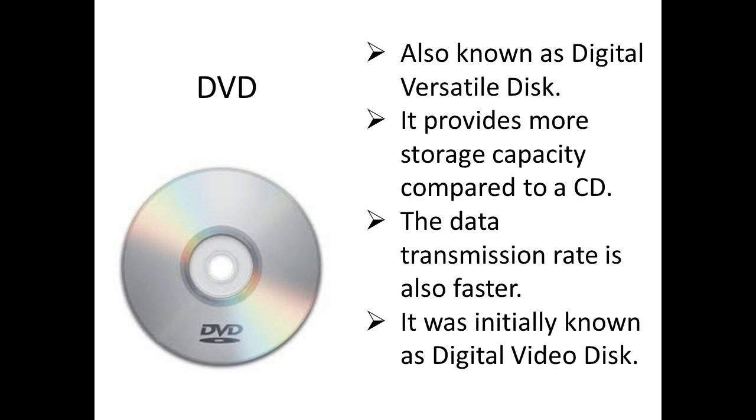The data transmission rate is also faster. This is the reason that it was initially known as digital video disc but was later called digital versatile disc when its use expanded. A DVD can store data up to 17 GB. Really good. It is available in many versions named DVD-R, DVD+R, DVD-RW and DVD+RW.